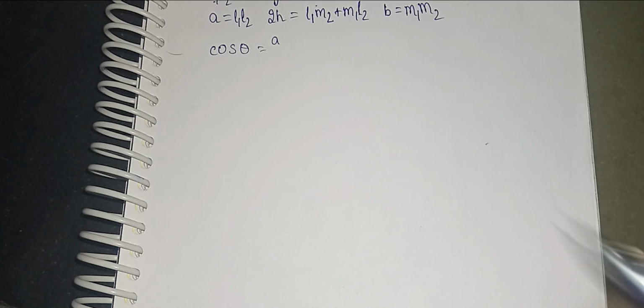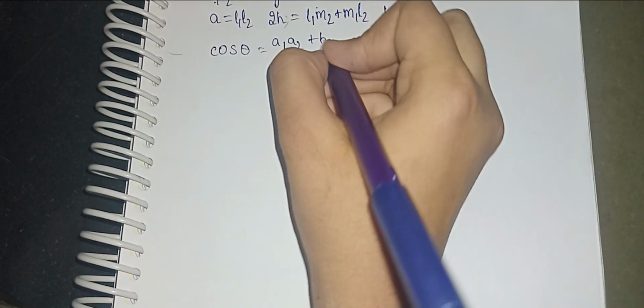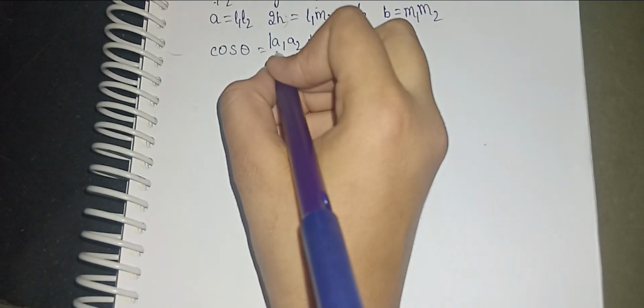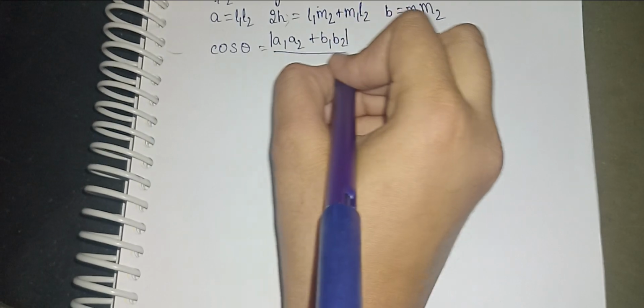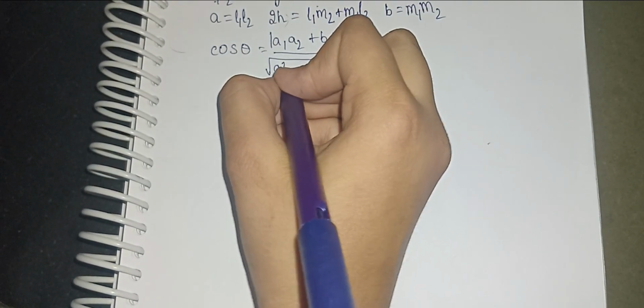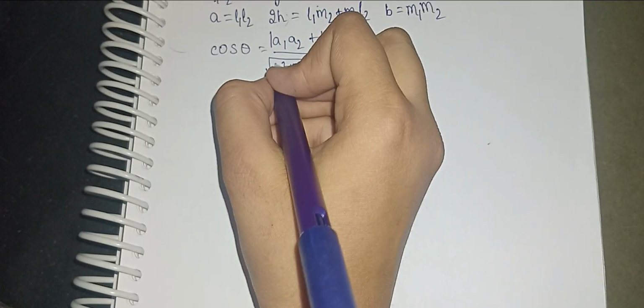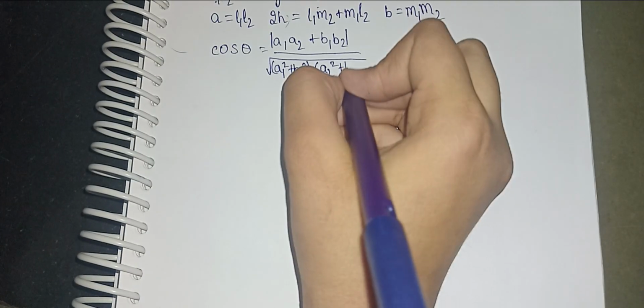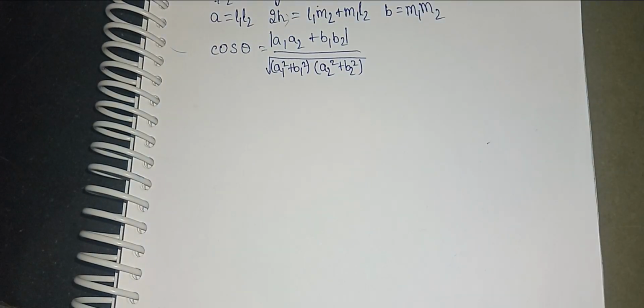Remember. It is mod A1 A2 plus B1 B2, by root over A1 square plus B1 square whole into A2 square plus B2 square.